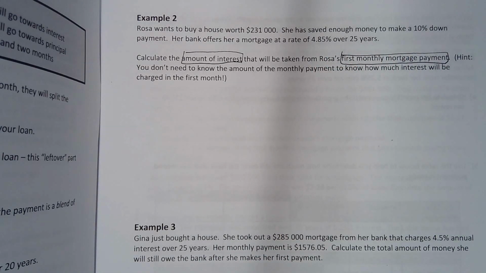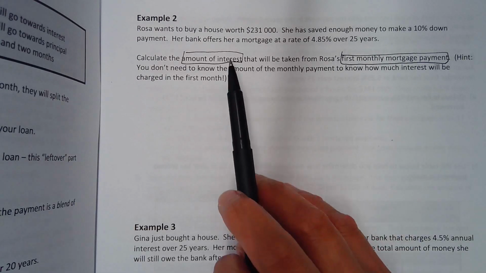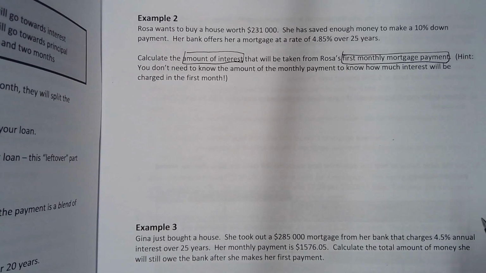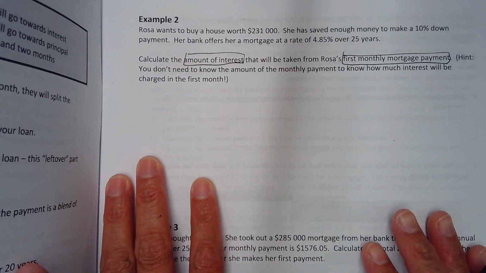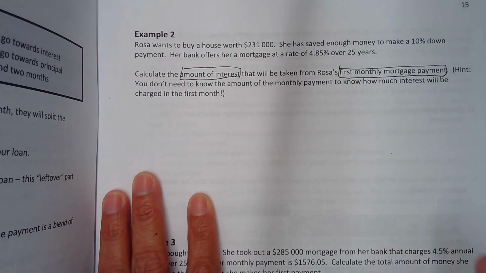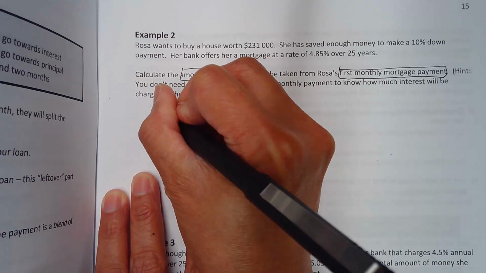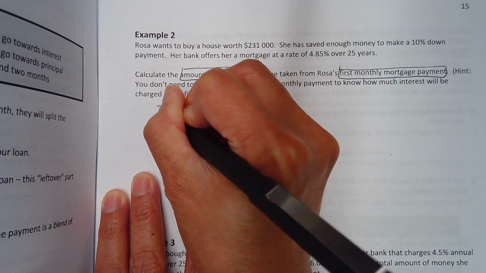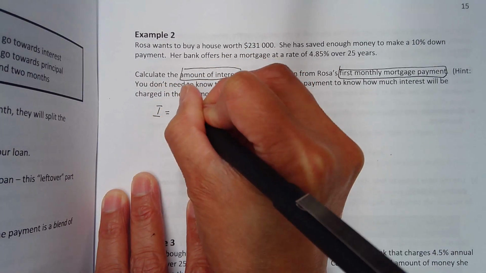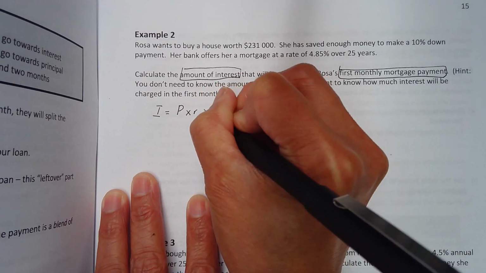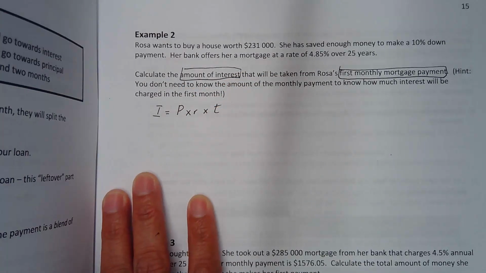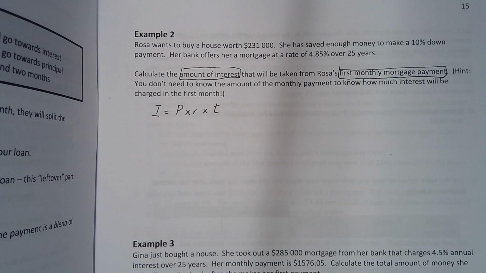So how can we figure out the amount of interest? Okay, here's the first step. If I want to know the amount of interest, it's going to be I equals P times R times T. Right, that's the interest calculation.